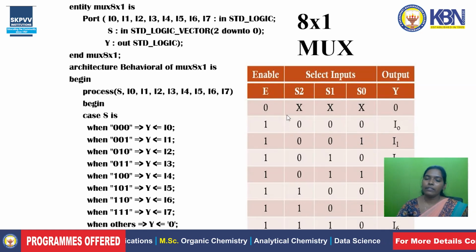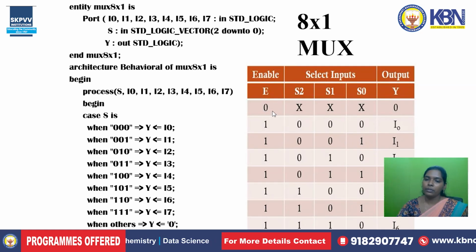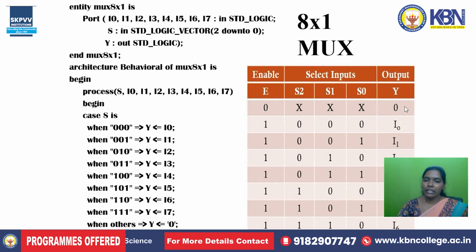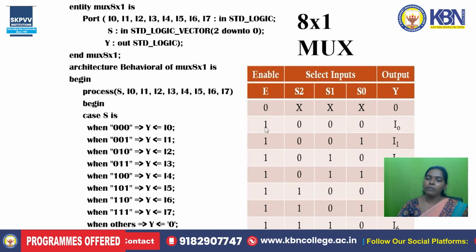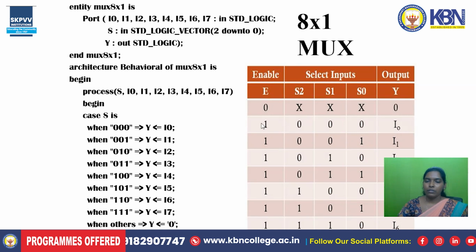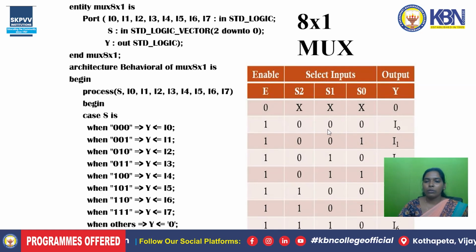Here the enable bit is nothing but like a switch. If we switch off the circuit, there will be no outputs. So only if E is 1 will we get the inputs and outputs; if E is 1, then only the circuit will be on. When we give 0 0 0, the output will be I0 from this truth table.